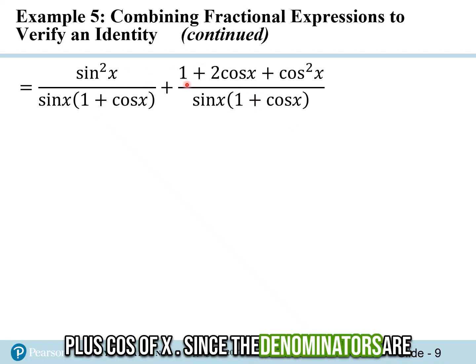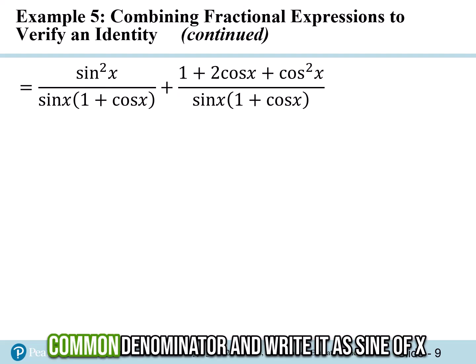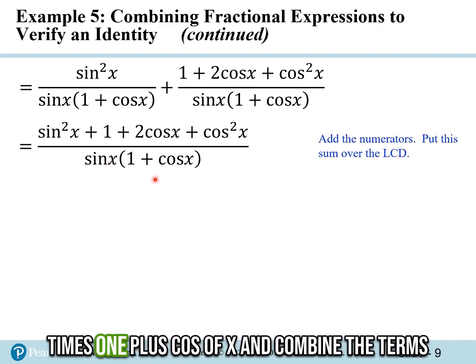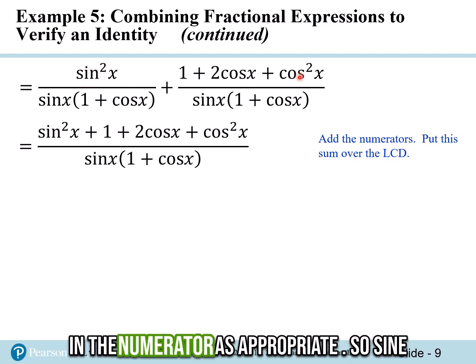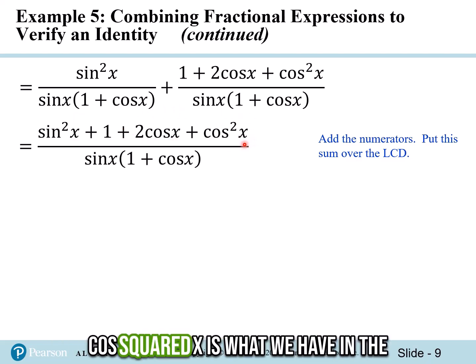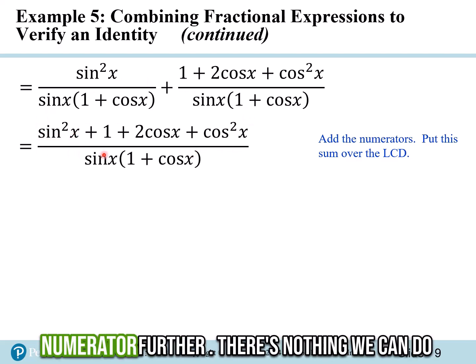Since the denominators are common, we can put everything under a common denominator and write it as sine of x times 1 plus cos of x and combine the terms in the numerator as appropriate. So sine squared x plus 1 plus 2 times cos x plus cos squared x is what we have in the numerator. Now let's see if we can simplify the numerator further.